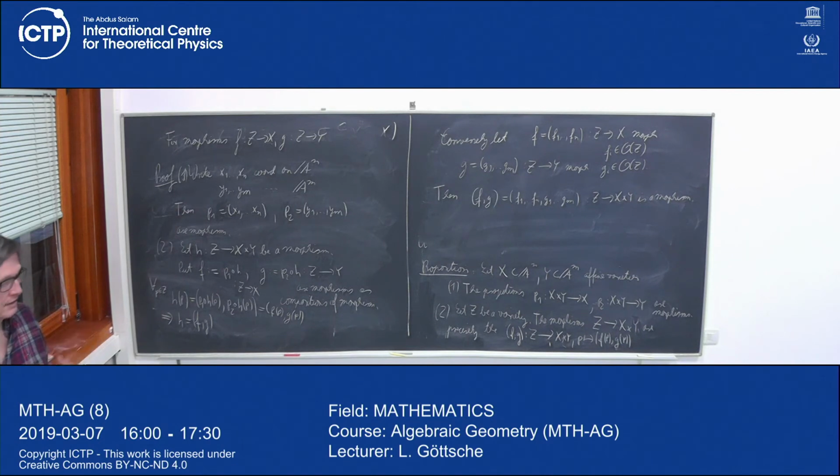Embedding this product in some other projective space would then just be a property that this abstract product has. We instead do not want to go to abstract varieties because it's technically a little bit more complicated.